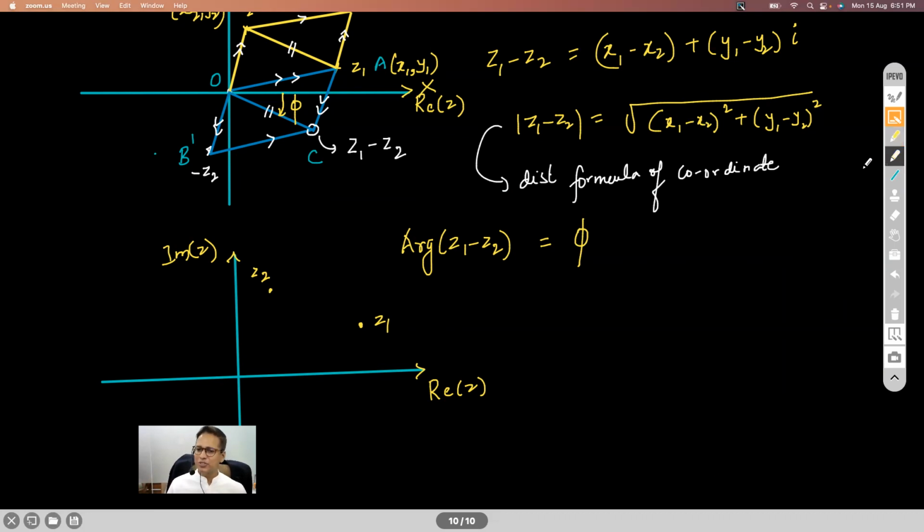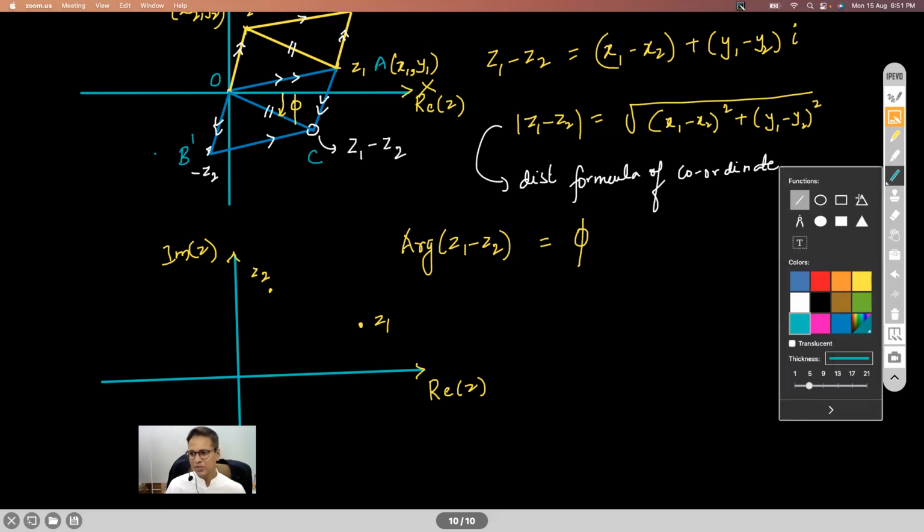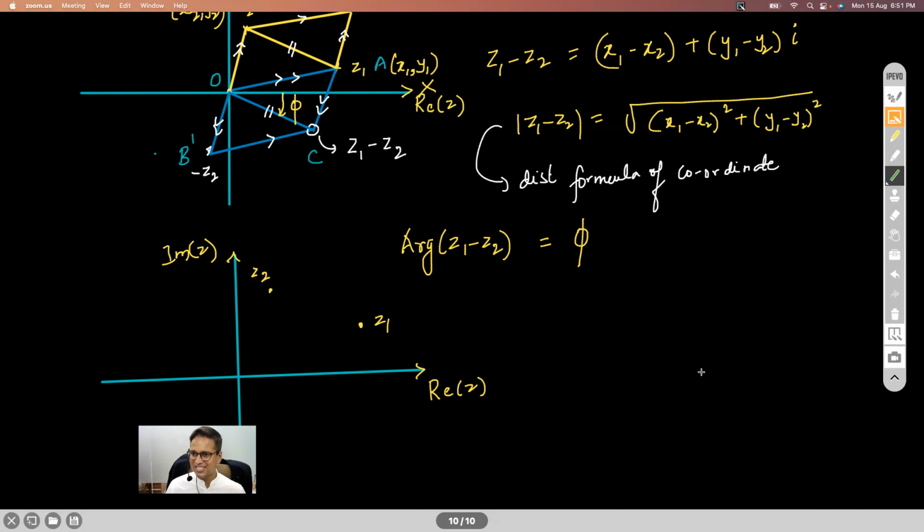Okay. Now, all of you have done vectors, correct? Everybody has done vectors? You know how to find angle between two vectors? Pakka? Should I ask you a question? Okay. So let's say these are the two vectors. I'm asking you a very simple question.